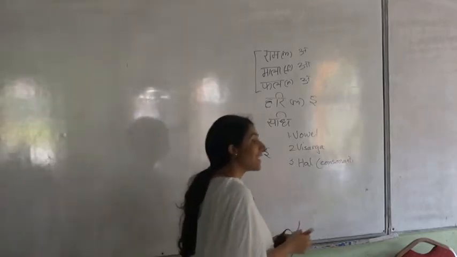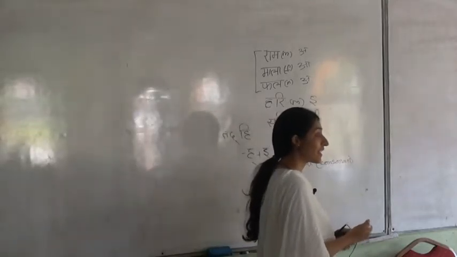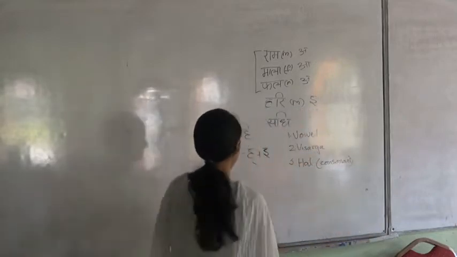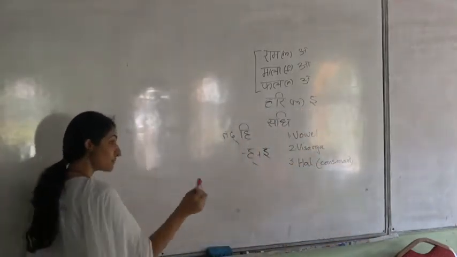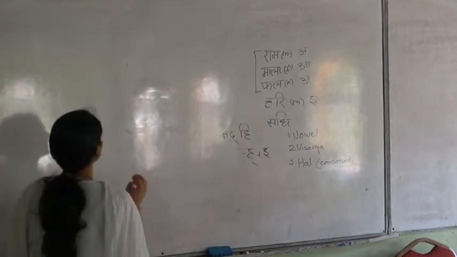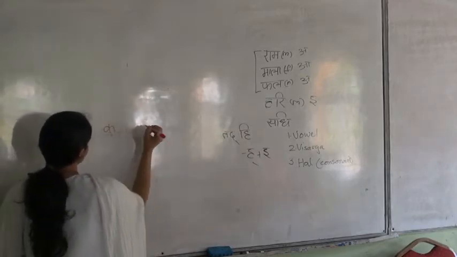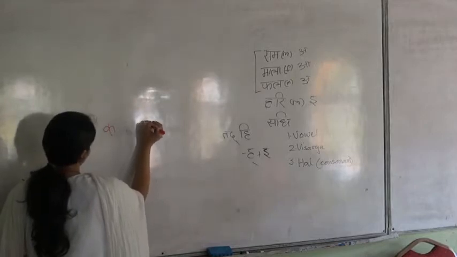Yes? Can you repeat back what the hard consonants and soft consonants are? Yes. So actually we need to know that for the Hal Sandhi today. So we have ka all the way to na, right?